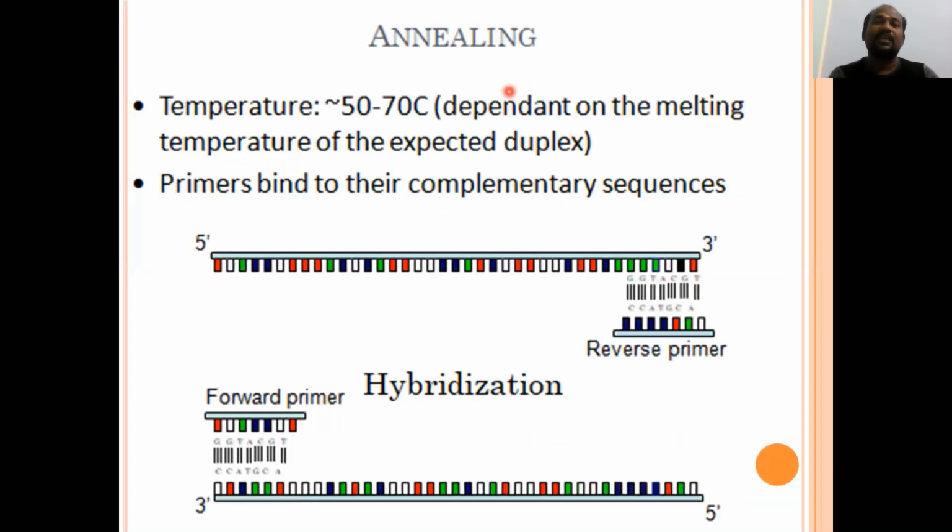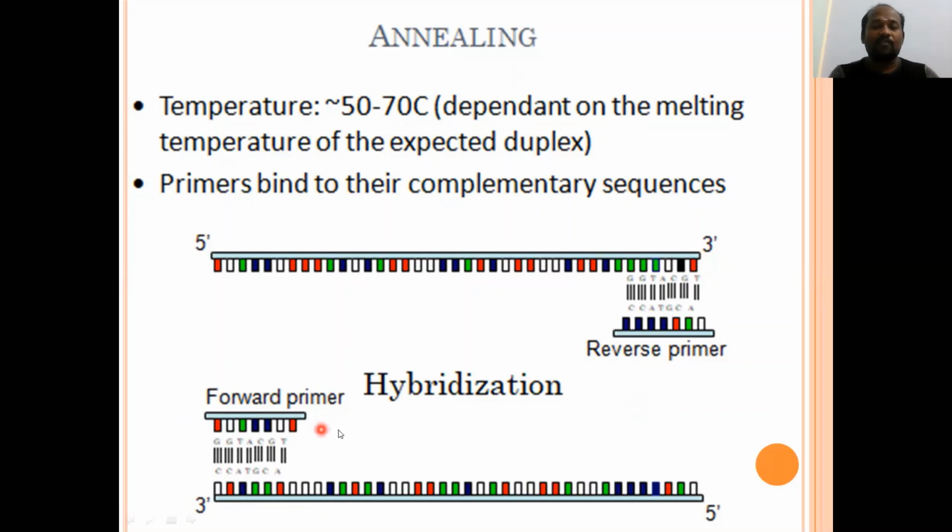The next step is the annealing process. Annealing of DNA with the primer takes place at 50 to 70 degrees Celsius. Most probably we use around 60 degrees Celsius. At this temperature, the primers bind to their complementary sequence. Normally the binding or attachment takes place at the 3 prime end of the complementary DNA.